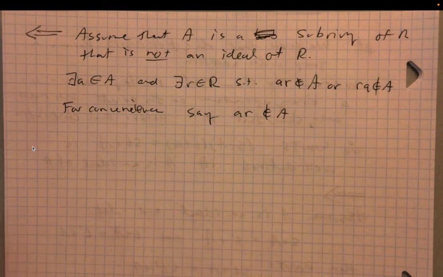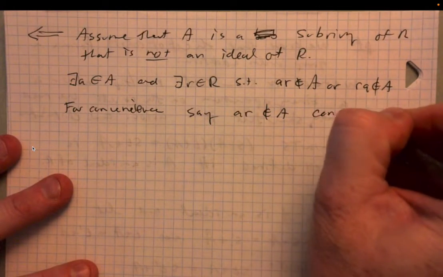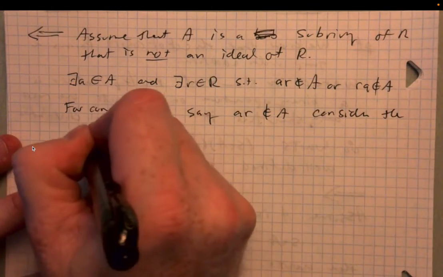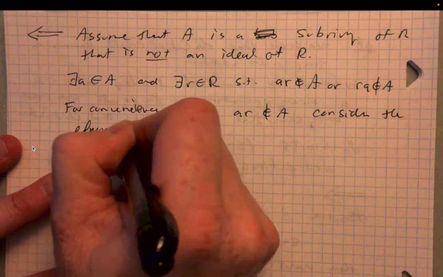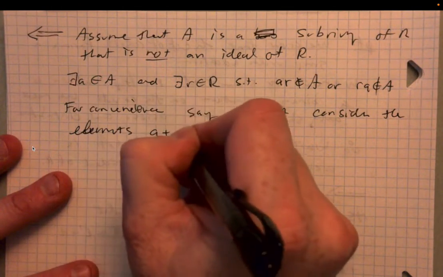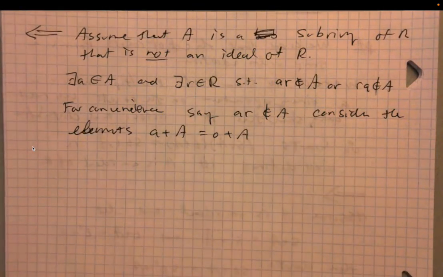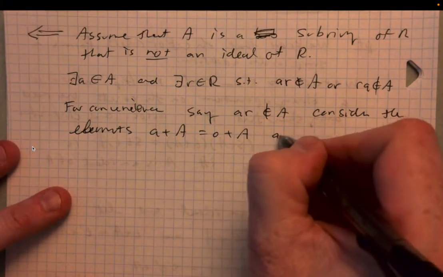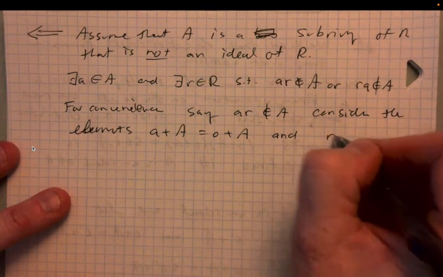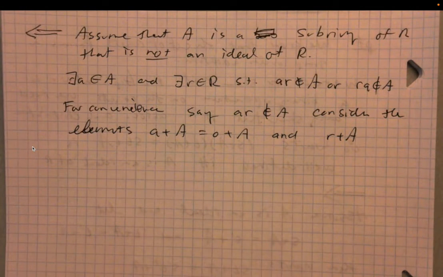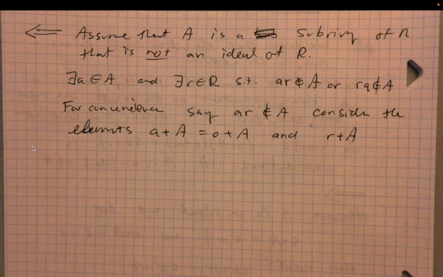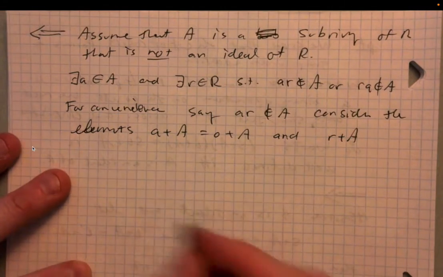Okay, so then let's consider the elements a plus A equals 0 plus A. Okay, and then separately r plus A. So these are cosets, right? Well, let's see what happens when we multiply here.